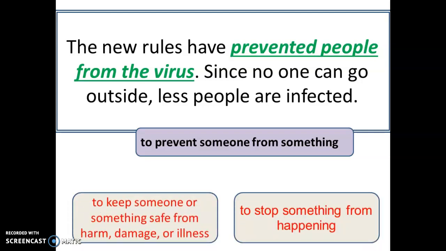So what does prevent mean in this sentence? It means to stop something from happening. You stop something. In this one, to keep someone safe, this means to protect. That's something different. In this one, you stop something.